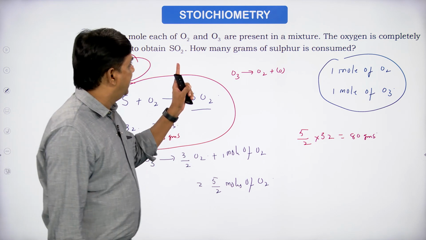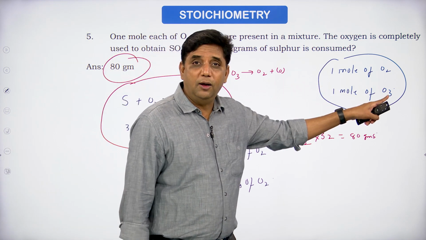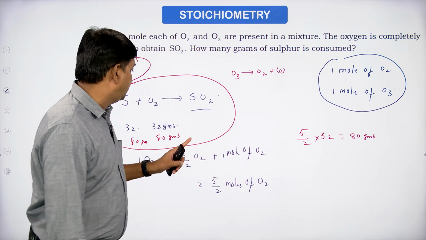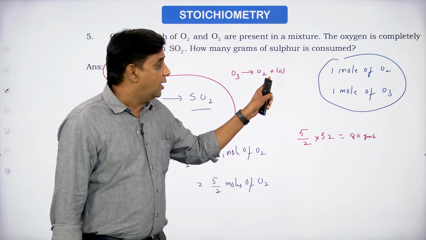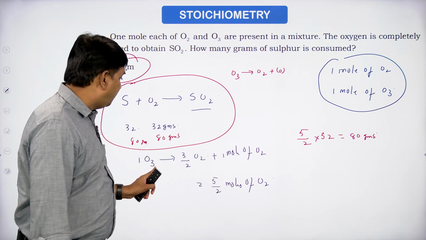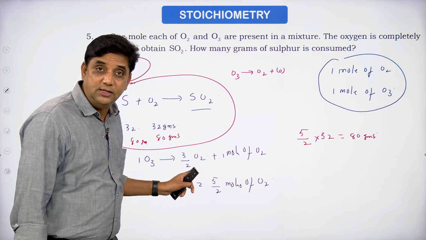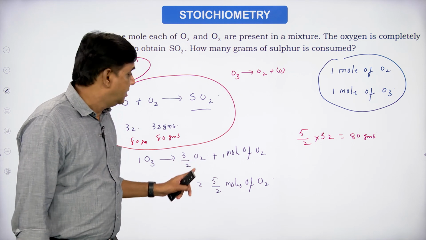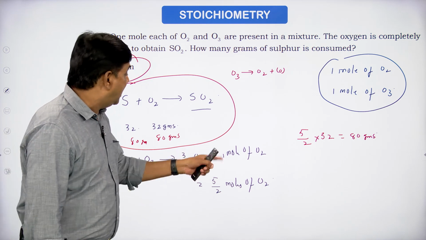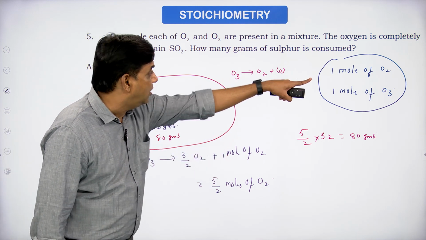Once again, we were given 1 mole of oxygen and 1 mole of O3, but ozone is highly unstable and decomposes to give 1 mole of oxygen plus half a mole of oxygen atoms. Total, 1 mole of ozone gives 3/2 moles of oxygen, and we also have 1 mole of oxygen.